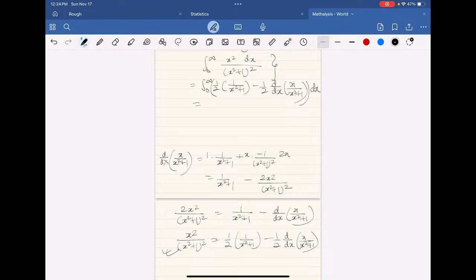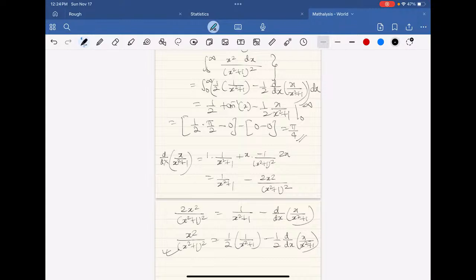So this is just half of tan inverse x minus half of x by x square plus 1. See, so easily solved. Sometimes we need to make some observations only. Now this is going from 0 to infinity, so at infinity this is just half of pi by 2, that will be 0 minus, at 0, this will be 0 minus 0, so the answer is just pi by 4.